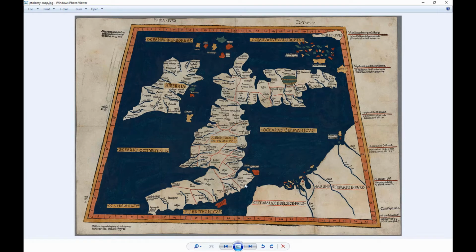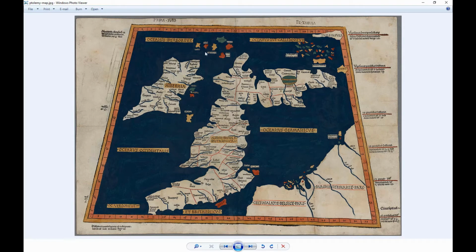So here you can see France and Europe. Here's the Oceanus Germanicus here. Hibernia, which is Ireland. Oceanus Occidentalis, so that's just the Western Ocean. Britannica, as you'll see, becomes Britain. And there are a lot of islands here.